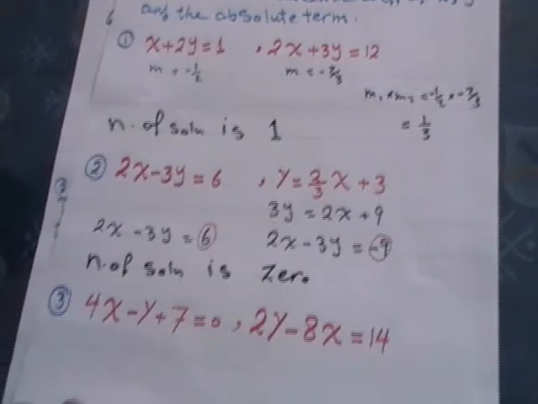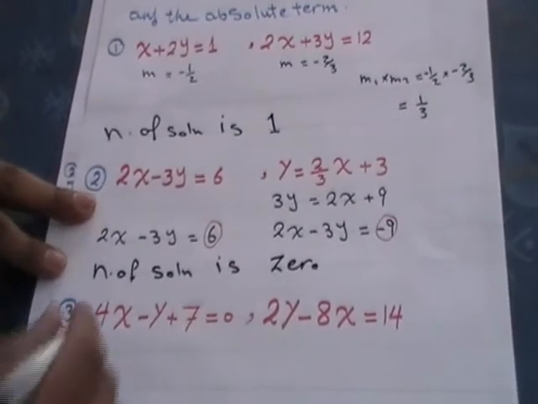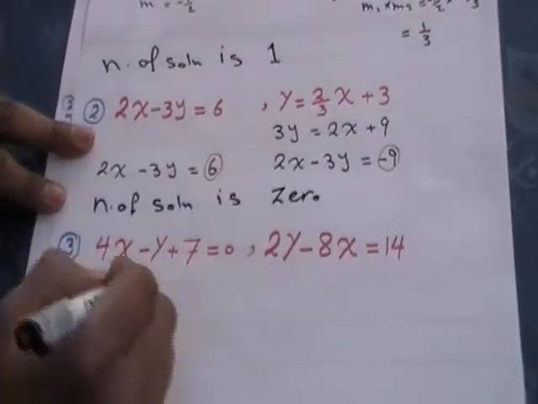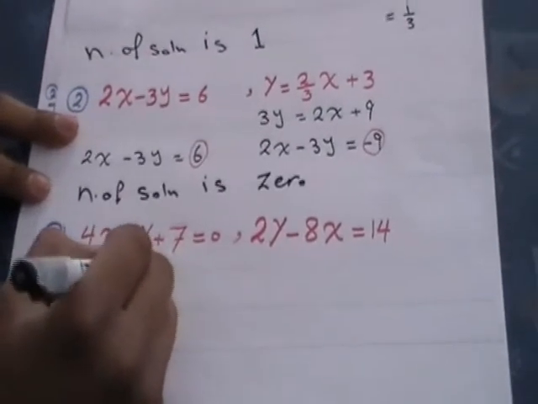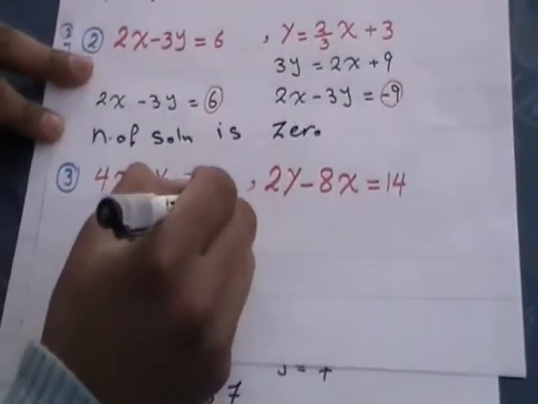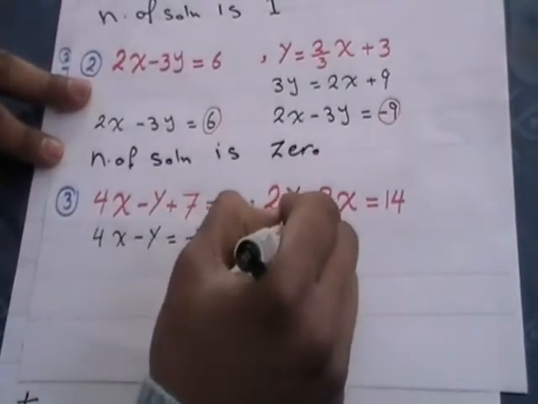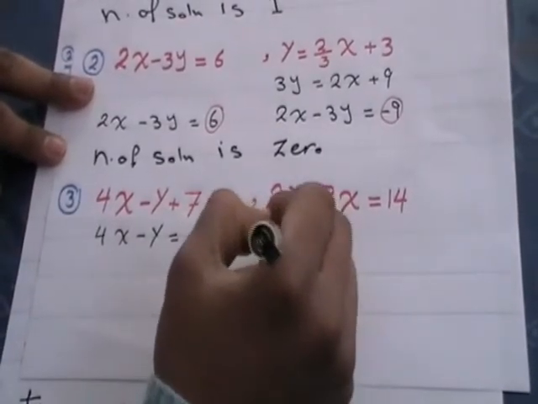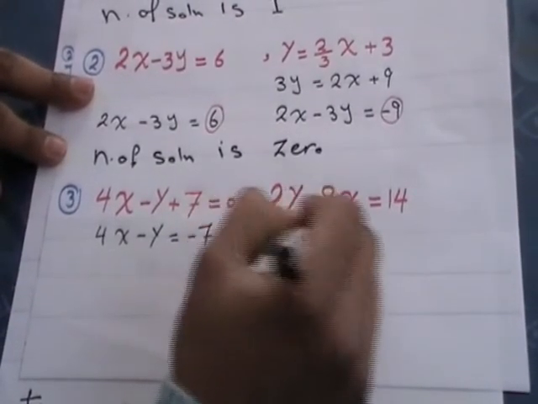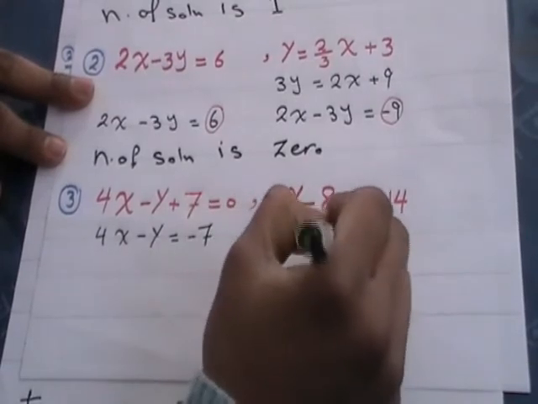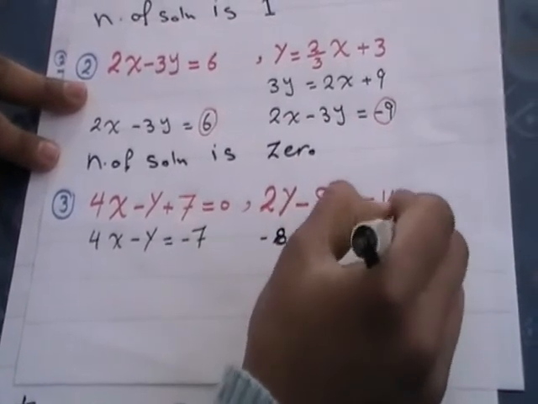Let's move to the third and last example. I have 4x minus y plus 7 equals 0, so it will be 4x minus y equals negative 7. And here I have negative 8x plus 2y equals 14.